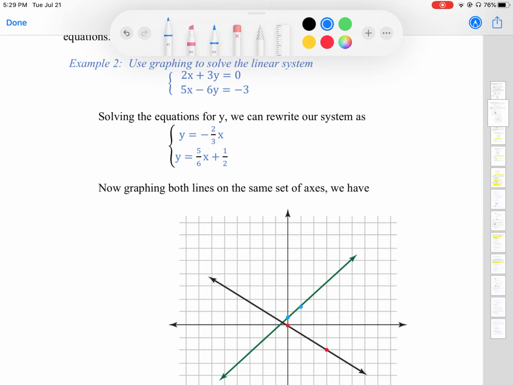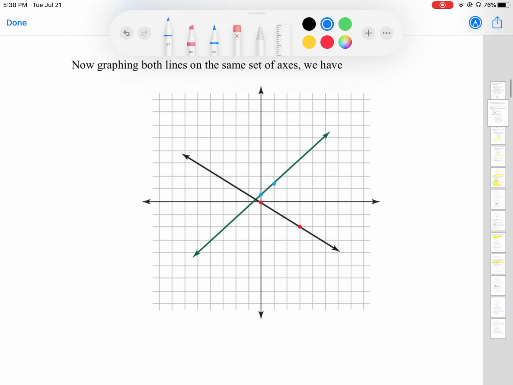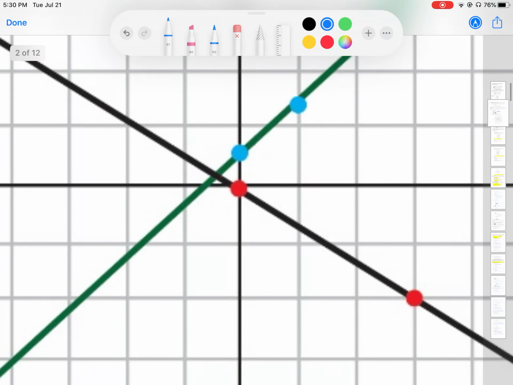We have our two lines, and if we write them in slope-intercept form, we get these two equations. And if we graph them, let's see where they meet. Oof, that's hard to tell. I know it's some type of fraction.